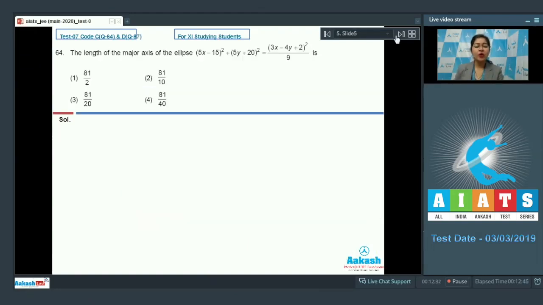Next is question number 64, which says that the length of the major axis of the ellipse 5x minus 15 whole square plus 5y plus 20 whole square equal to 3x minus 4y plus 2 whole square upon 9 is. Right. Now the given ellipse can be written as, dividing the whole equation by 25, x minus 3 whole square plus y plus 4 whole square is equal to 3x minus 4y plus 2 whole square upon 9 into 25.